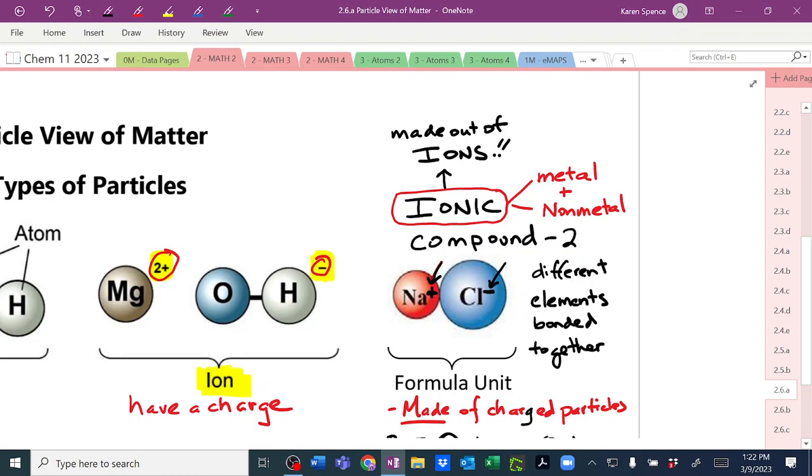If I could just take one of those and one of those, that's a formula unit. It's almost like a molecule, but for an ionic compound.